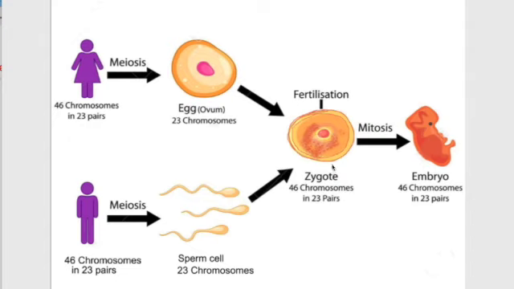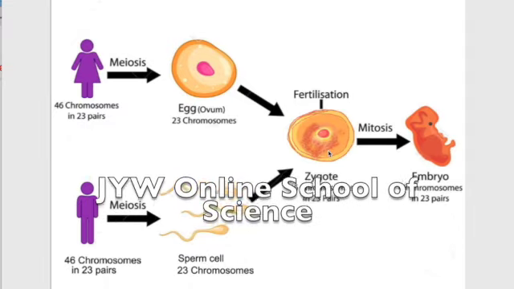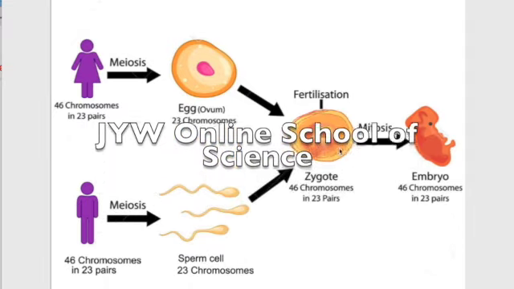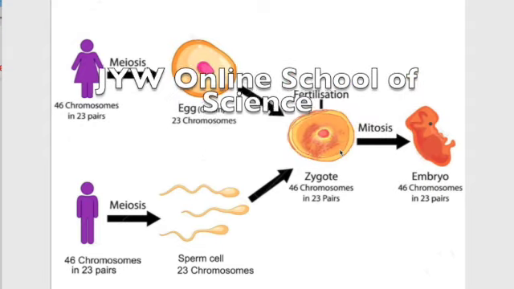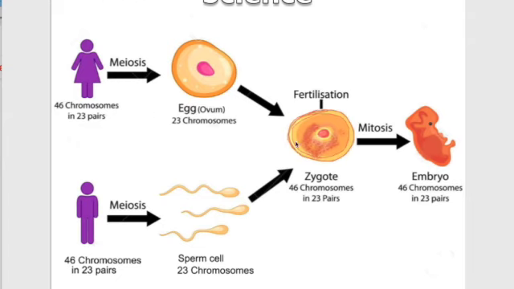Now, that becomes 46 chromosomes again in 23 pairs, which means this fertilized egg, called a zygote, contains half of the genetic information from the mother and half from the father. And this zygote is going to develop into an embryo.